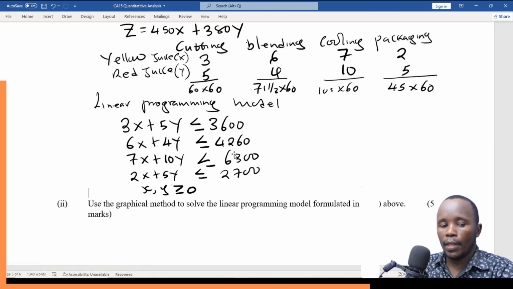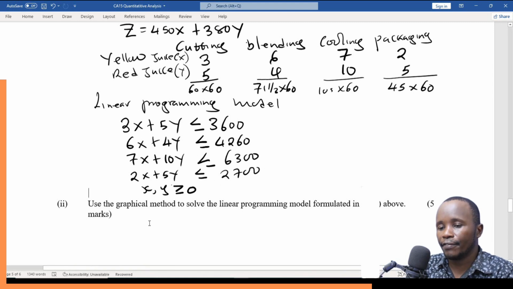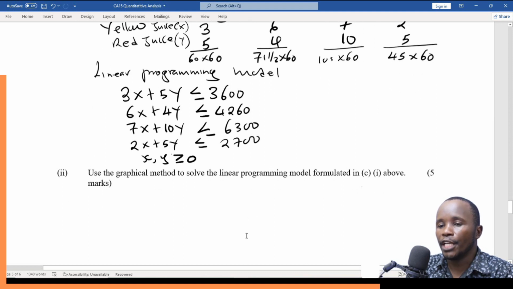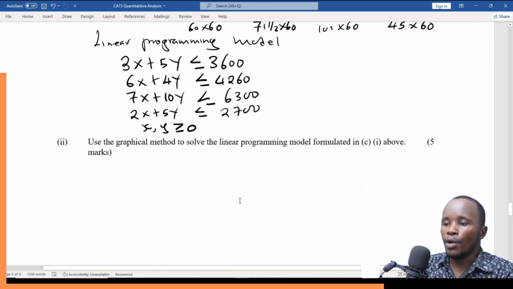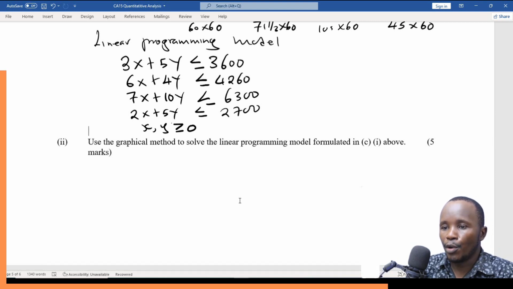Now, the next part you are told, use the graph method to solve the linear programming model by formulating the values in C1 above. Now, when you want to plot a linear graph, we shall introduce an is equal sign, and our equations will be 3x plus 5y is equals to 3,600. 6x plus 4y is equals 4,260.